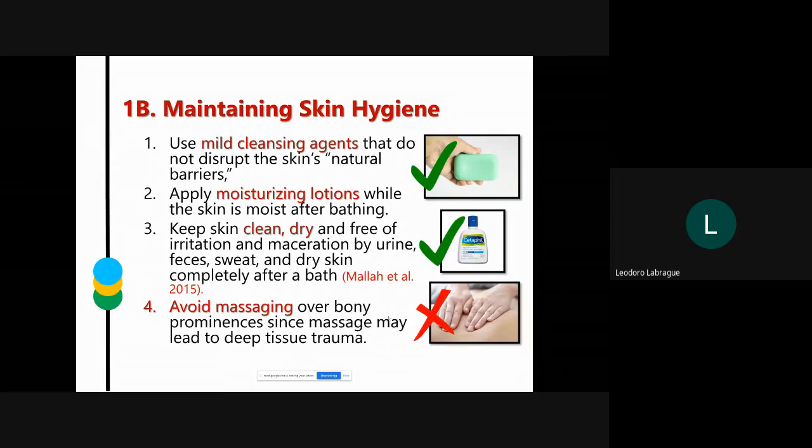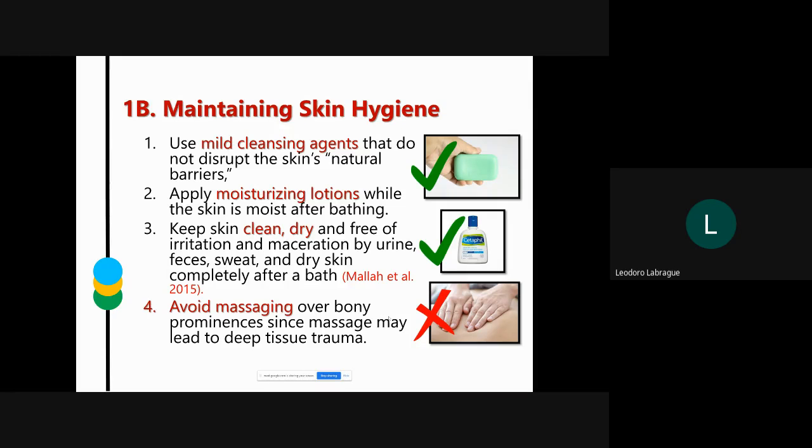Again, use only mild soap. Second one, use a moisturizing lotion, especially if the skin is very dry, especially if the skin is dehydrated. It easily gets wounds and pressure ulcers. So you moisturize it with lotion.